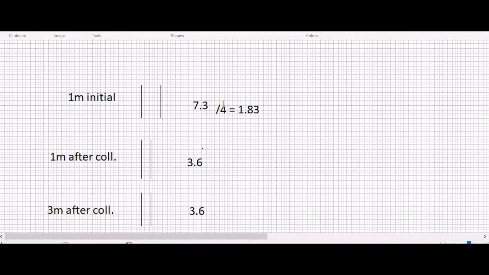And also, according to the conventional theory, it should be 1/2. So if we divide it by 2, we get 3.65. So yeah, the conventional theory gave us much better prediction about the velocities than what Gary's theory did.